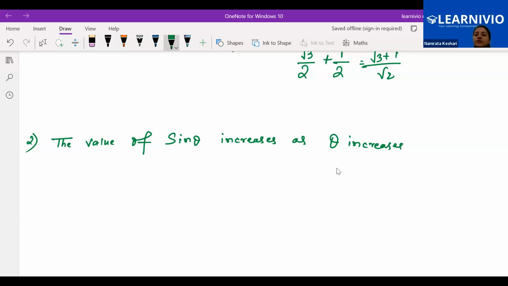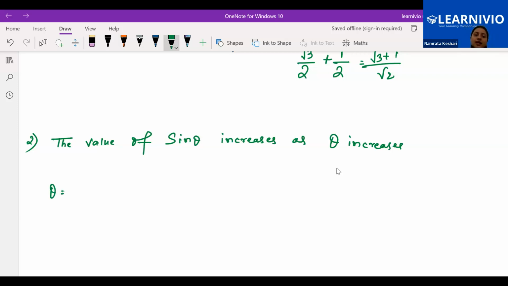The value of sine theta increases when theta is increasing, when we are going from 0 degree to 30 degree, 30 degree to 45 degree, 45 degree to 60 degree, and 60 degree to 90 degree. When the angle is increasing, then the sine theta value will also increase. Let's check it.